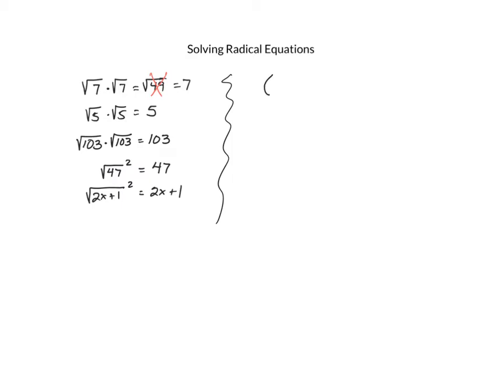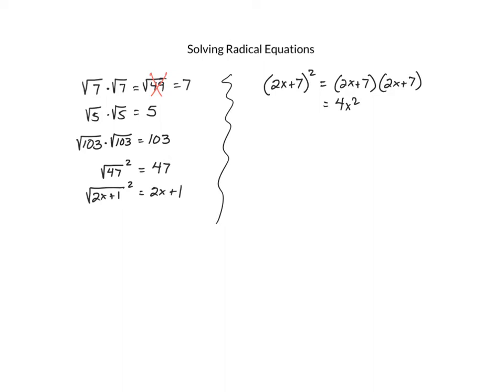So remember, if you have 2x plus 7 squared, we can't apply the exponent across the addition sign. We in fact know that it's 2x plus 7 times 2x plus 7, and then you could FOIL that out and get 4x squared.